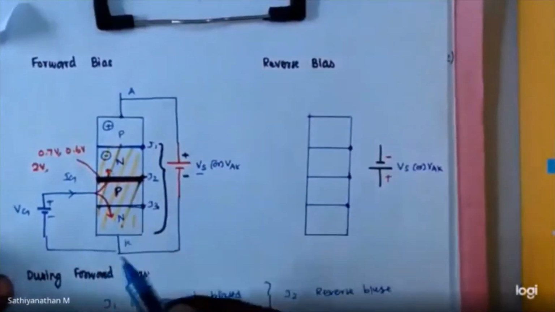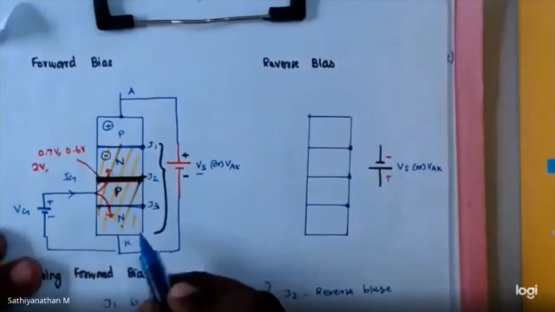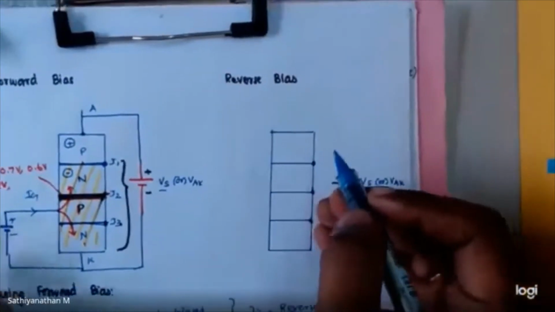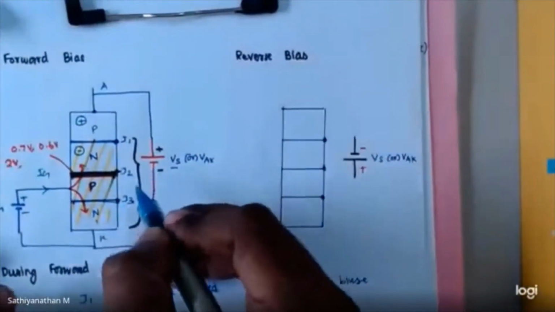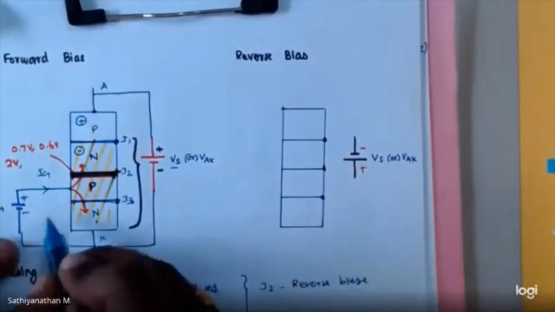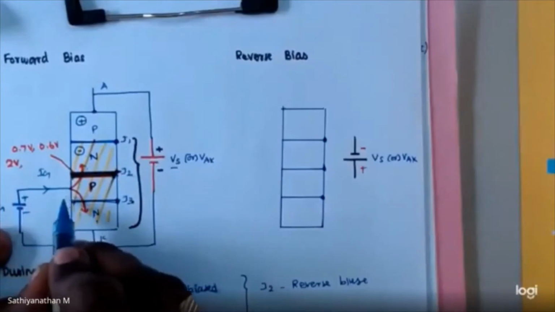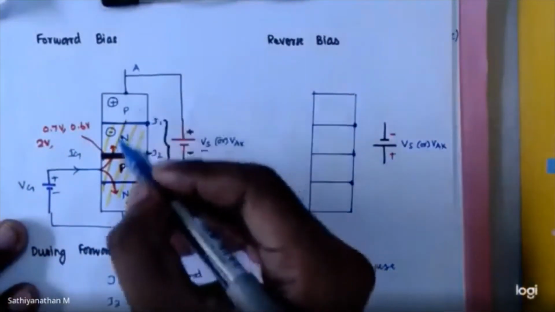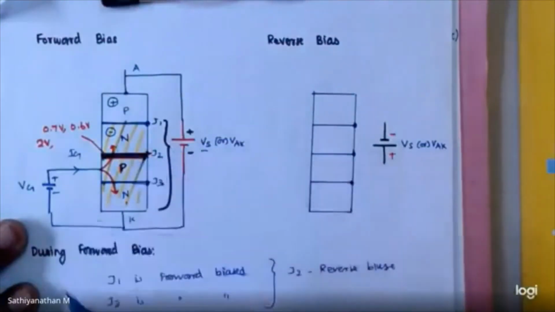So I said there is a problem with the SCR turn off process, right? Consider a case where you have added an external source to make the device conduct. Now the SCR is in conduction.